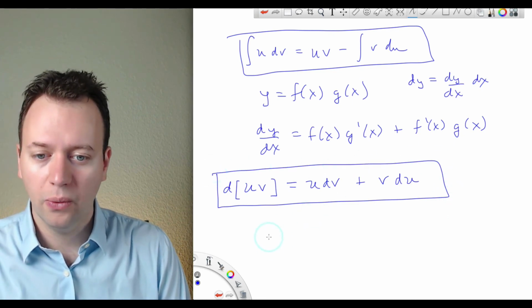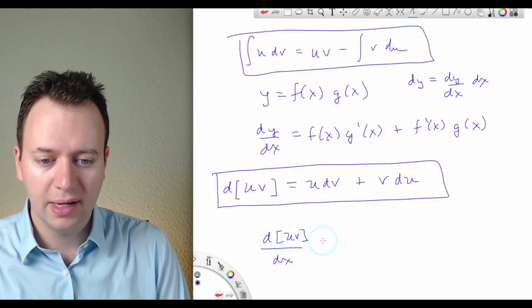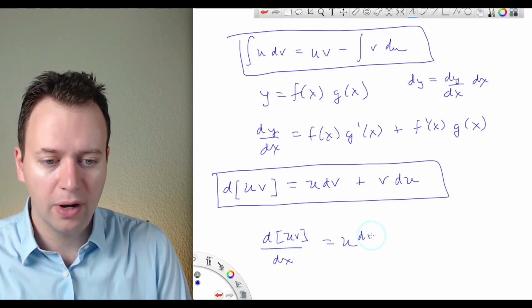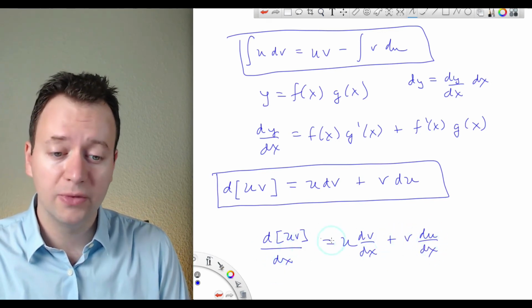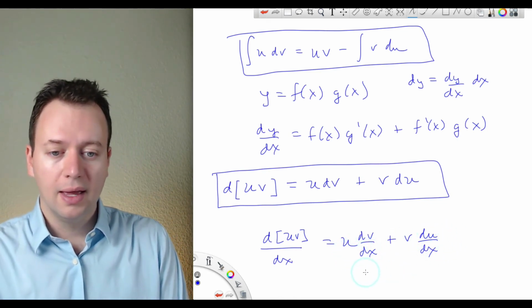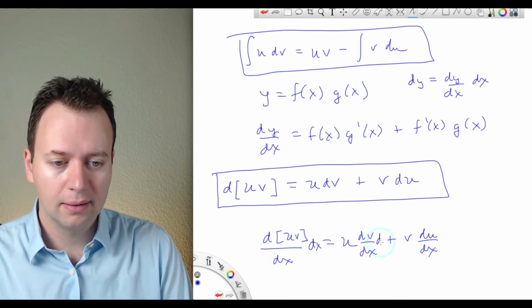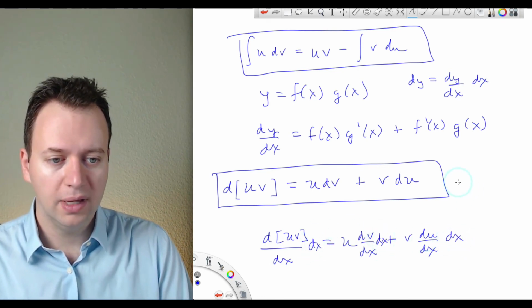So to see where this comes from, if we take the derivative instead of the differential, we can write it like this. Right, so the derivative of u times v is equal to u times the derivative of v plus v times the derivative of u. Now if we multiply everything through by dx, we get this equation right here.